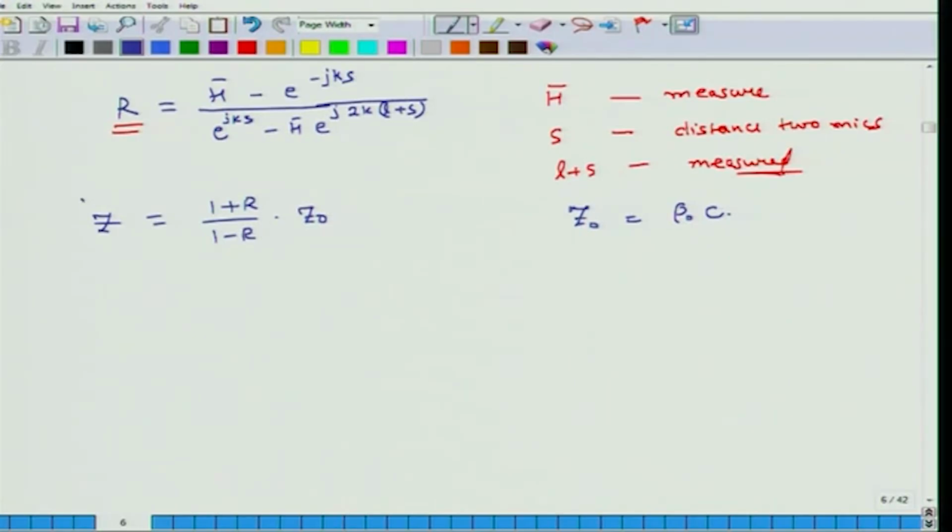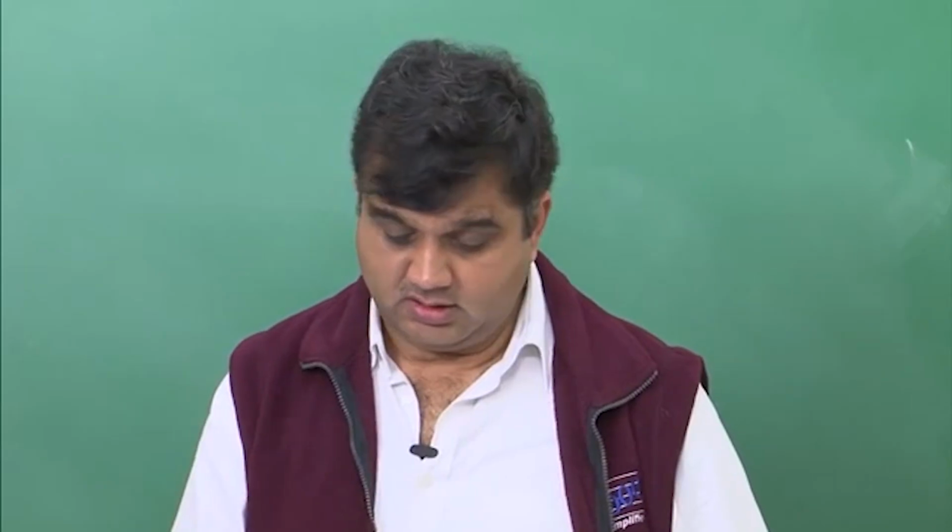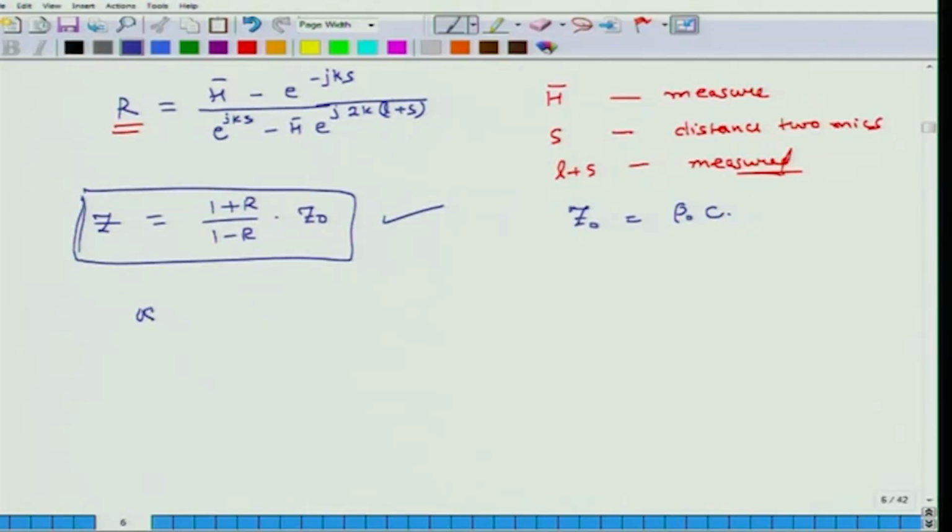So I can calculate the value of z once I know r, right? So I know how to calculate r. There is one more parameter I can calculate, and that is alpha. This is known as absorption coefficient.